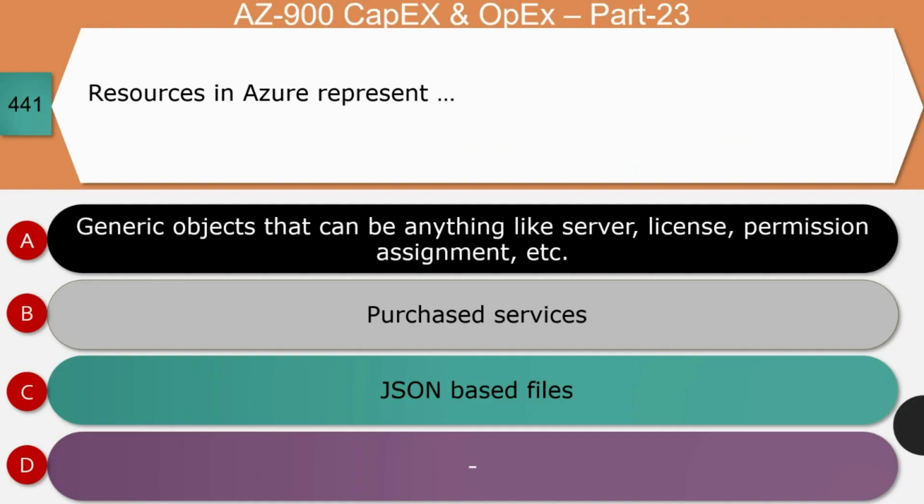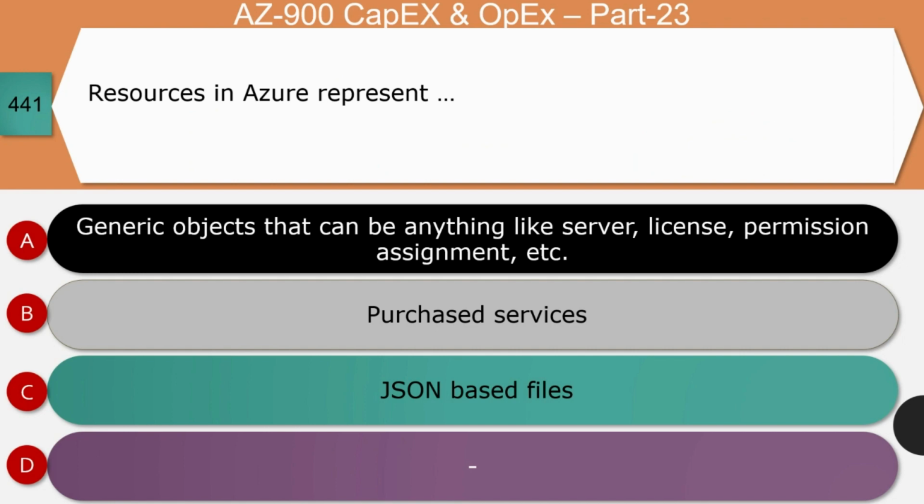The first question: resources in Azure represent option A, a generic object that can be anything like server, license, permission, assignment, etc.; B, purchased services; C, JSON based files. All three options may seem to be correct. If you take the first one, it covers Azure services like server, license, permission, assignment.